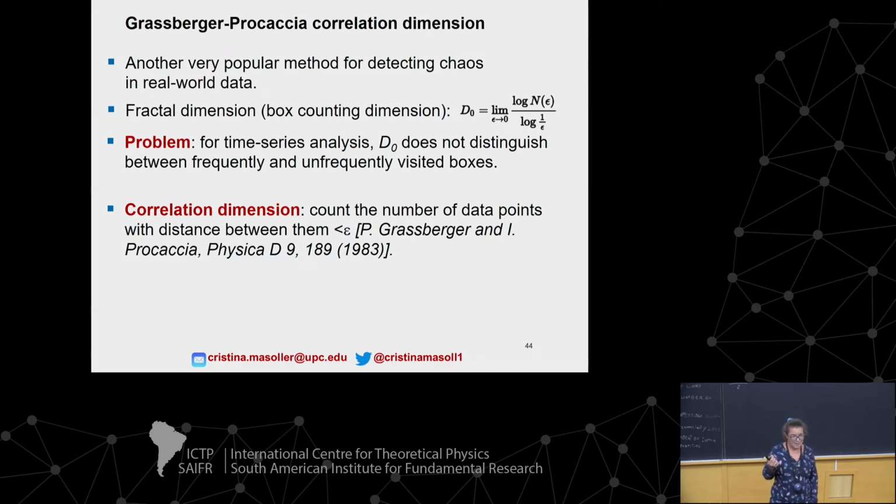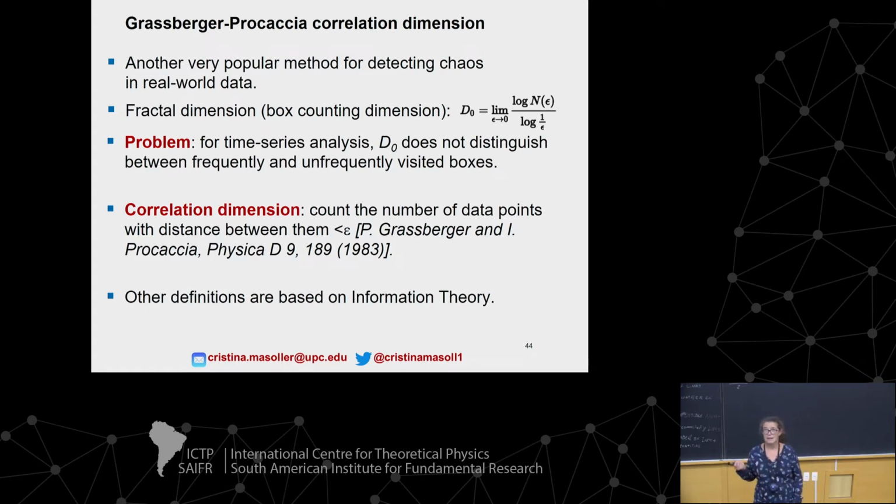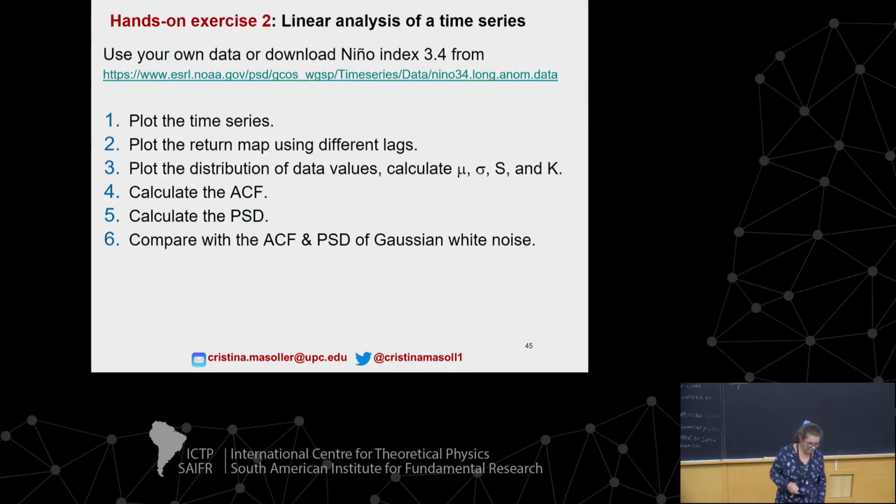The idea basically is to count the number of data points that are within a distance from each point. It is of course more complicated. You need to calculate the neighbors and how these neighbors depend on the distance that you take. And there are other ways based on information theory that I will talk about today.